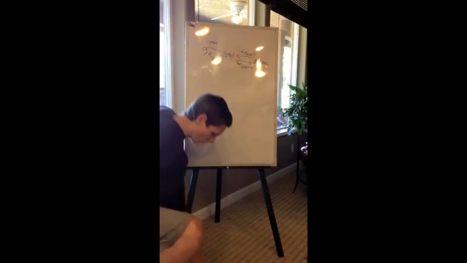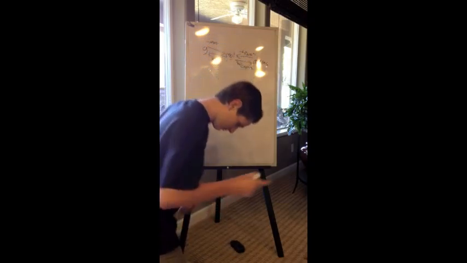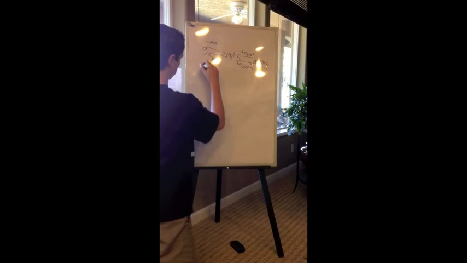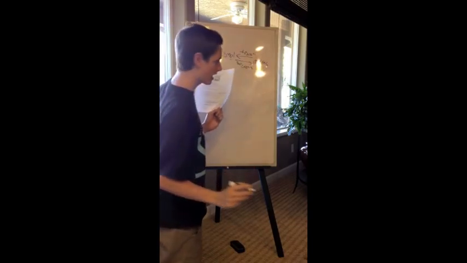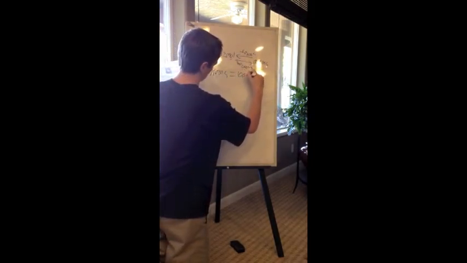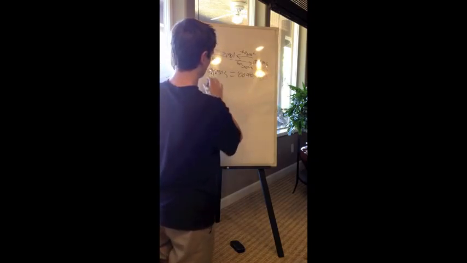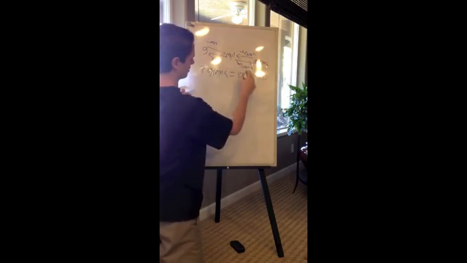Problem number 4. We'll be calculating from atoms to grams. The question is, how many grams are in 100 atoms of oxygen? Okay, start at 100 atoms of oxygen.